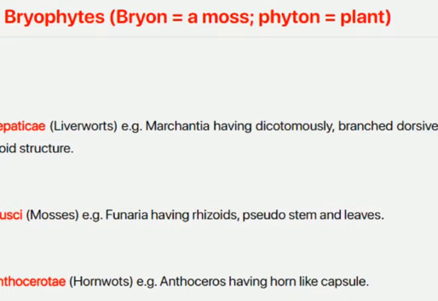Number 2, Musci. These are the mosses. The example of this is Funaria plant, having rhizoids, pseudostem and leaves. The third form is Anthocerotae, that is hornworts. The example is Anthoceros, having horn-like capsules.